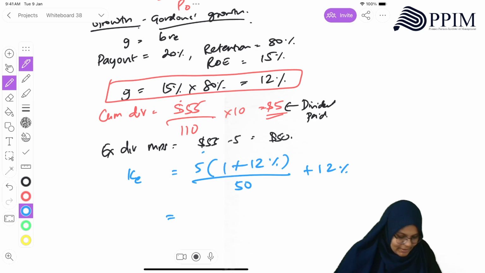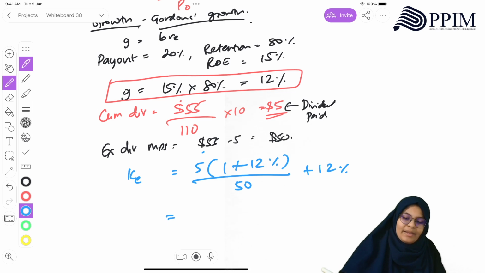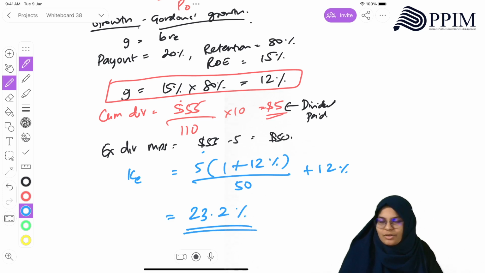So that will give me KE, which is 23.2%. Okay, so that will be the cost of equity.